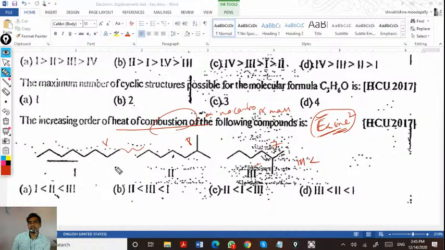So highest energy will be with 1, and second highest will be with 2. If it is linear, it's going to have more heat of combustion. If it is non-linear, it will have less heat of combustion.